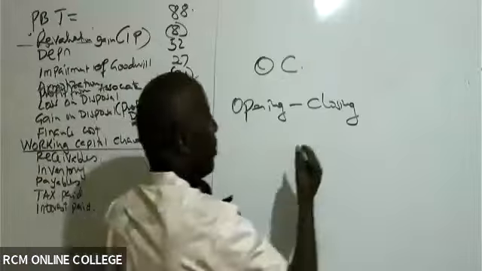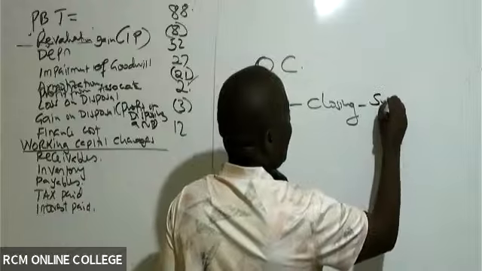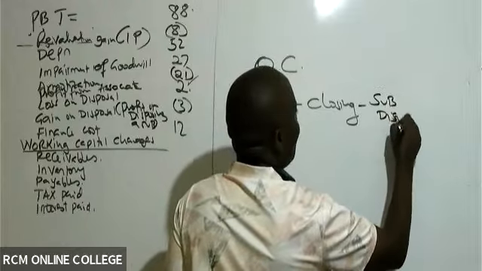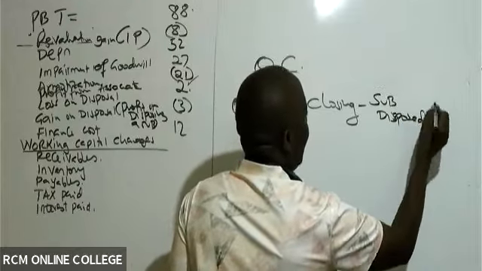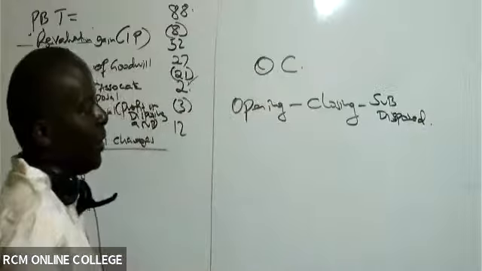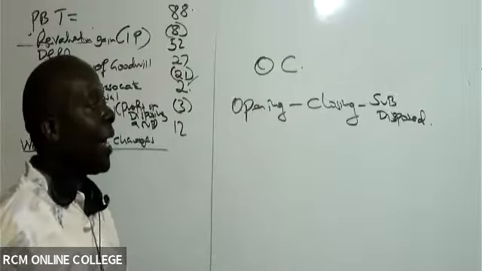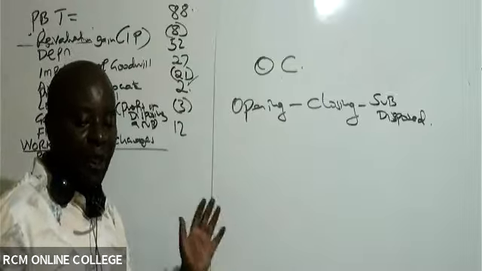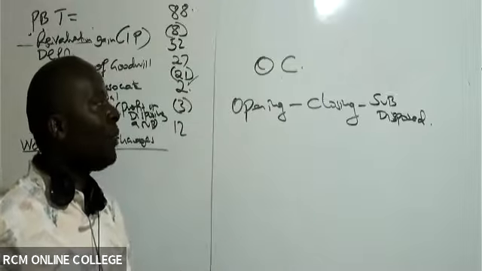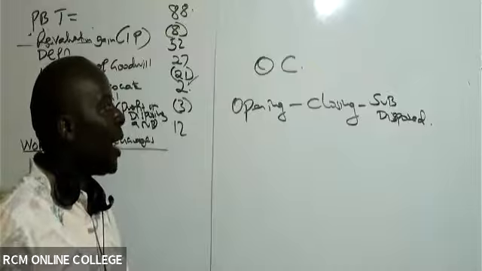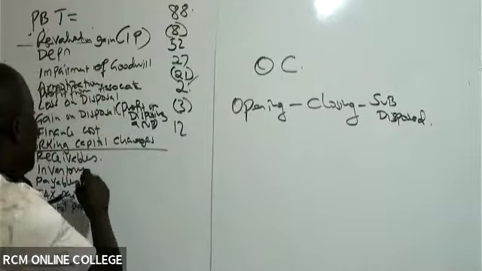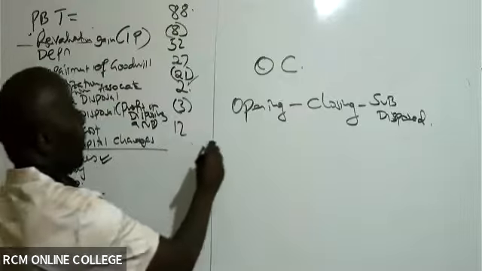Minus subsidiary disposed. If we acquired a new subsidiary, we would have said plus subsidiary acquired. But this is a subsidiary that was disposed, so it must be leaving out with some things. So we start with the first one here, which is receivables.